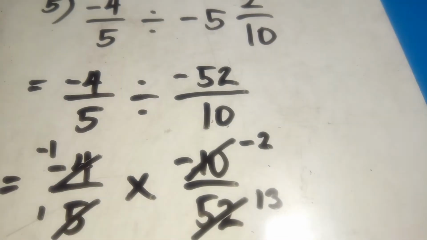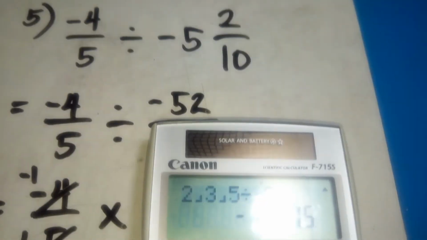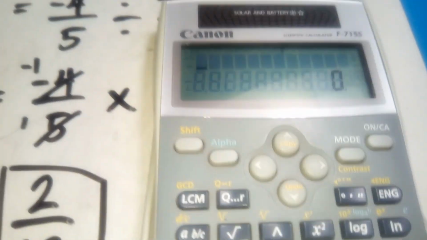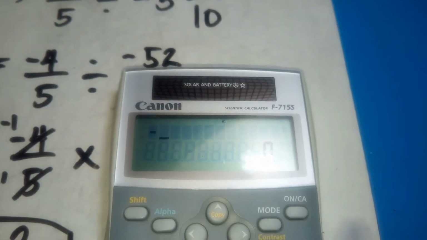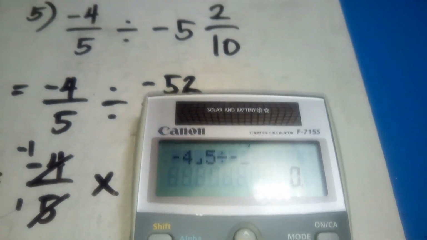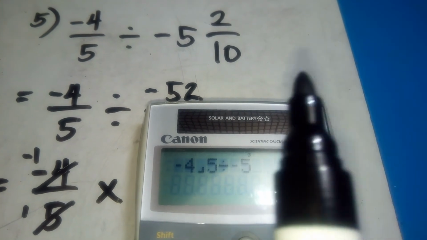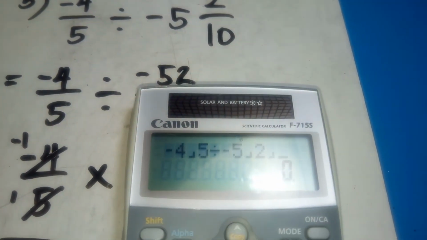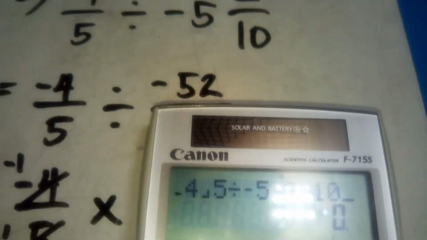Let's check using my calculator again. So it's negative 4/5 divided by negative 5 and 2/10.